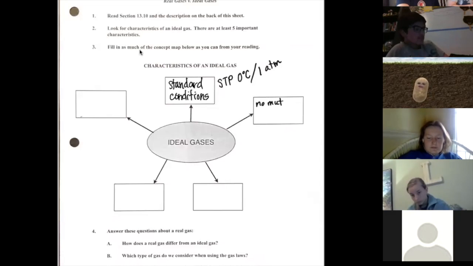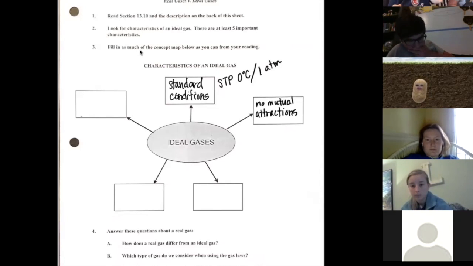So the assumption is that there are no mutual attractions between particles of a gas, partially because of the distance they are from each other, the size of them, the volume that they take up, etc.